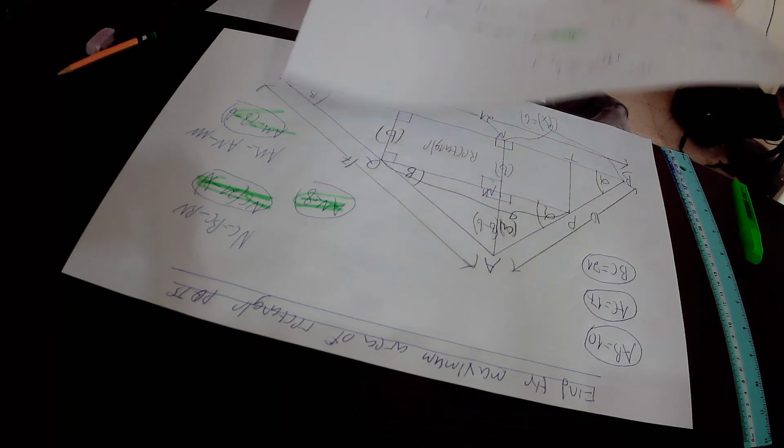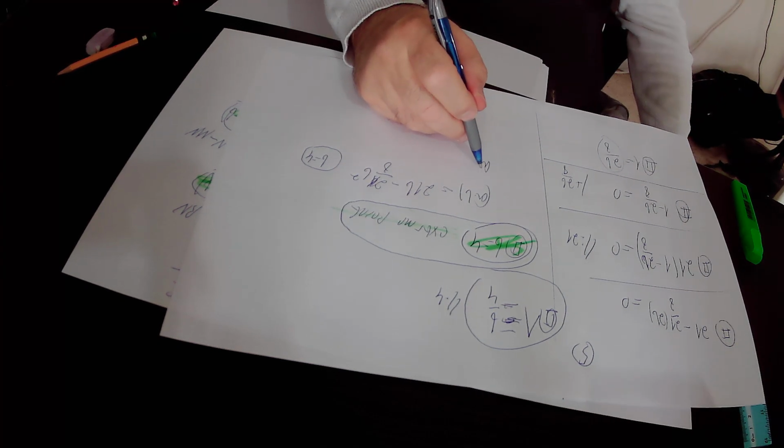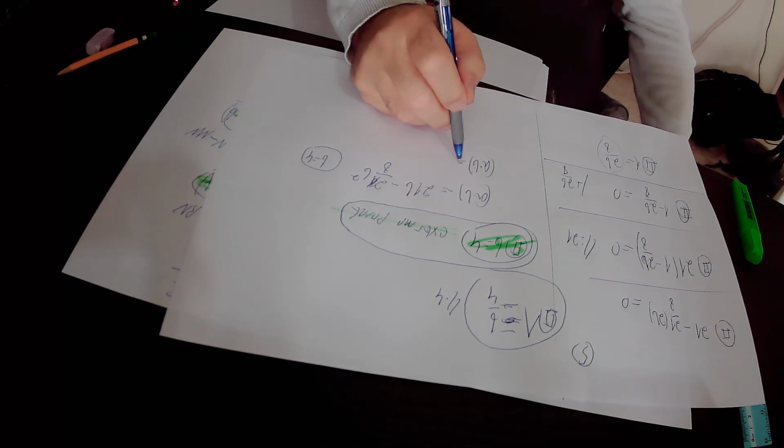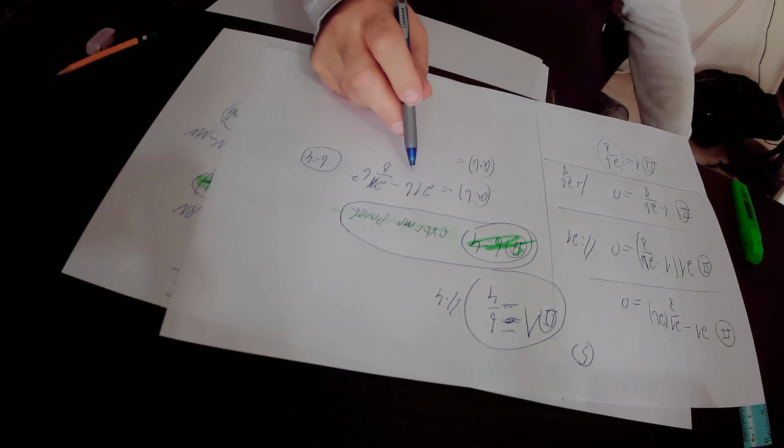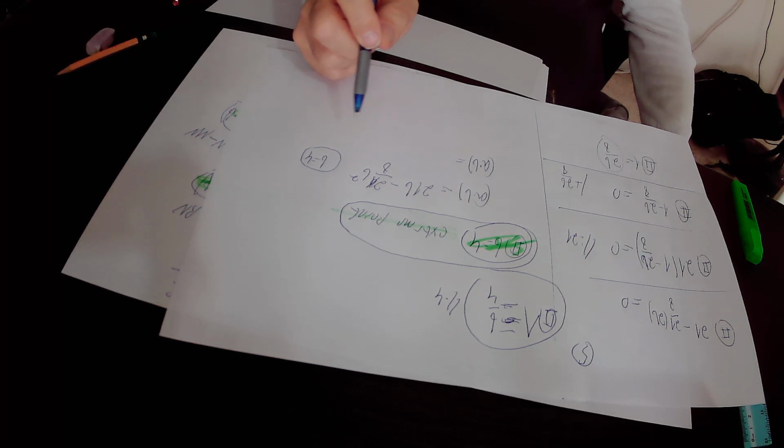We do it now and we get that the area, that is a times b, is equal to 21b. b is 4, therefore we substitute b by 4.